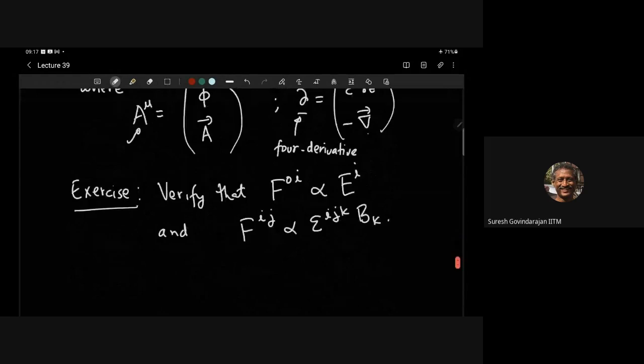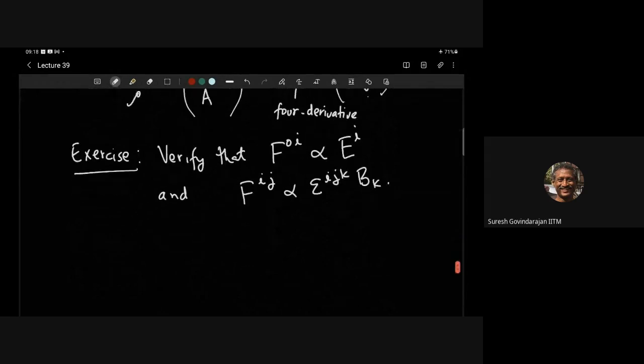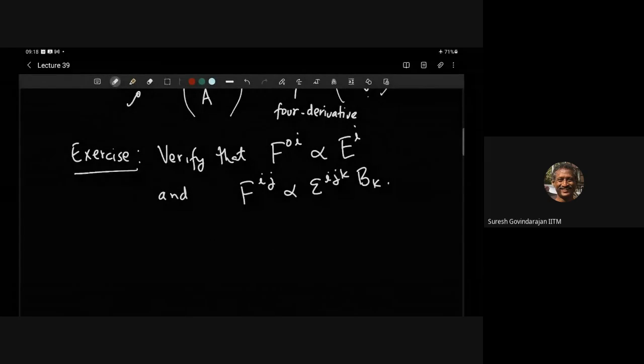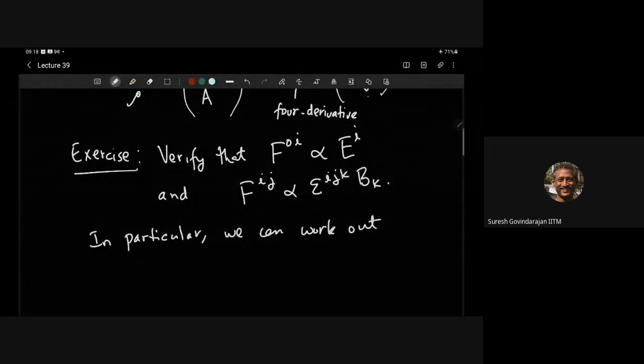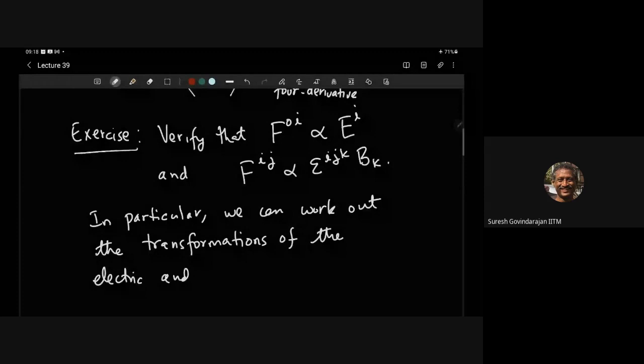Now, this is one thing. In particular, once we have this, we can work out the transformations of the electric and magnetic field under finite boosts.